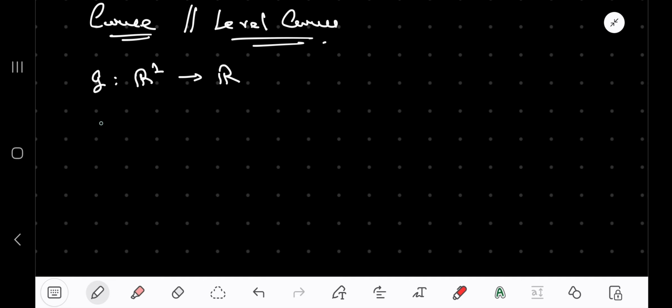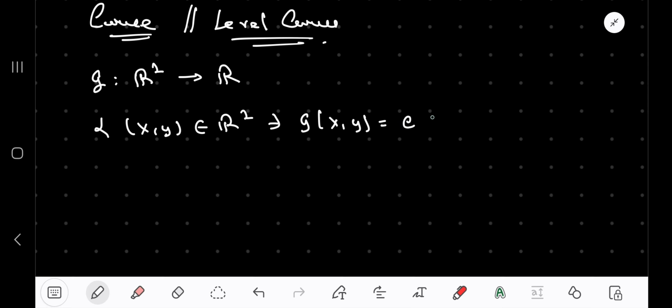We define a level curve as the collection of points (x, y) in R2 such that the image of this point is some constant c. So the level curve is basically the collection of all those points in the domain whose image is strictly constant.